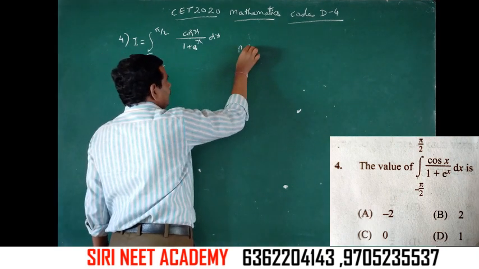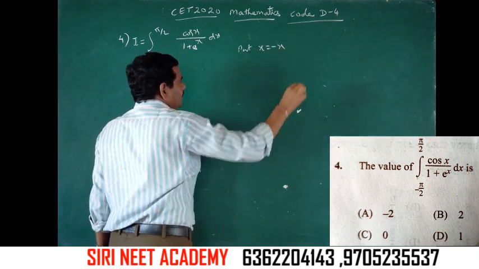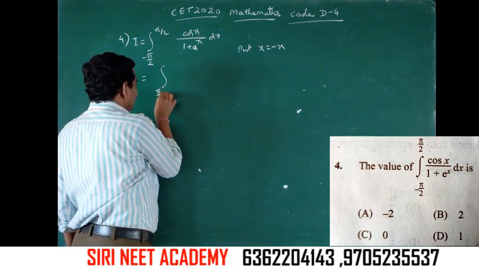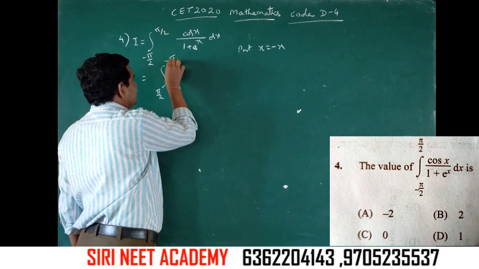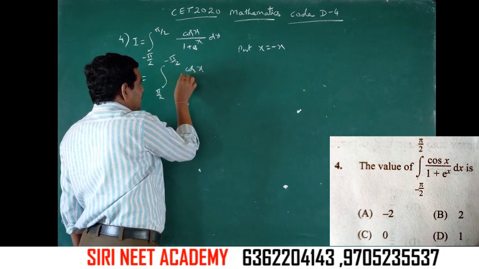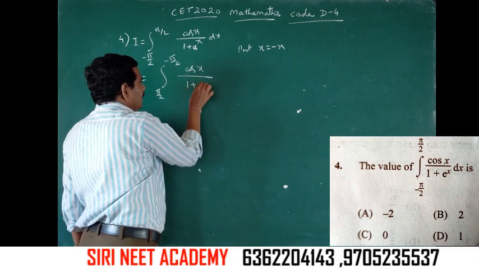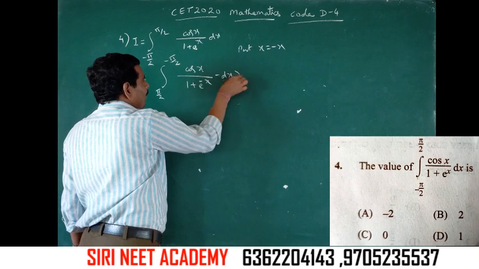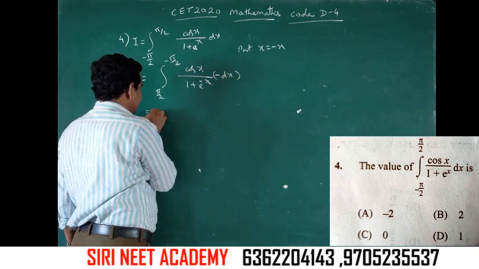Replace x with -x, so that the lower limit becomes +pi by 2 and the upper limit is -pi by 2. Cos of -x is cos x, over 1 plus e to the power -x, and dx becomes -dx.